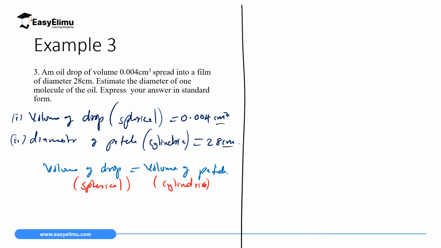So the volume of the drop, which is spherical, is 4/3 pi r cubed, which should be equal to the volume of the patch, which is cylindrical, pi r squared h.